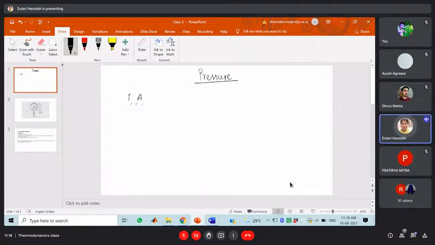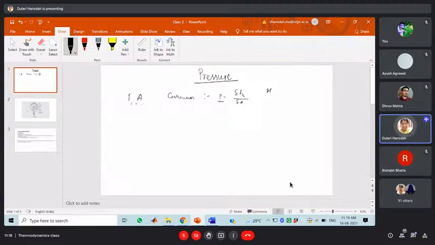As per the continuum consideration, this P can be defined as delta Fn divided by delta A. So it is the smallest force with respect to the smallest area. So this is the pressure of any system. There is one term, that is your stress.